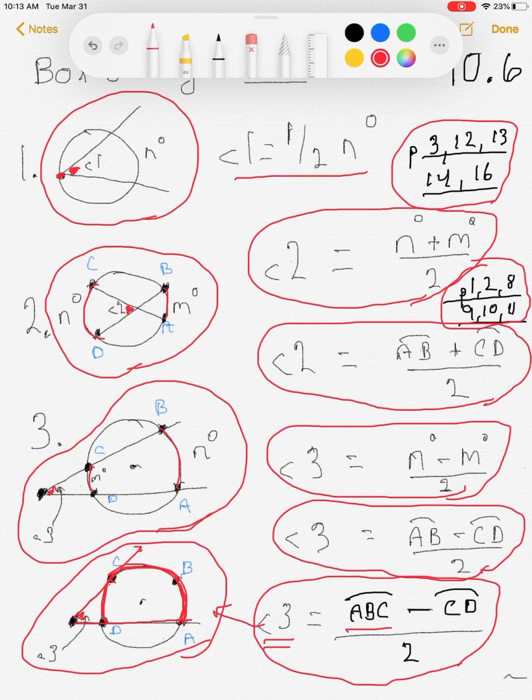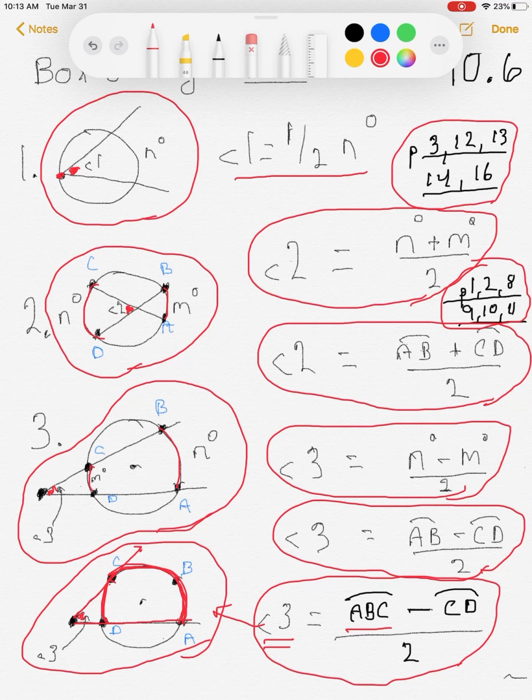Arc LP, subtract 78, divide by 2, is equal to 36. Another example is problem number 18.